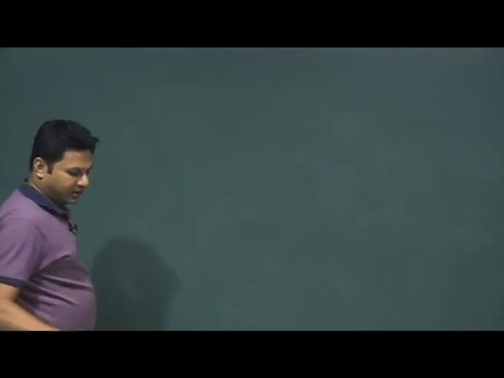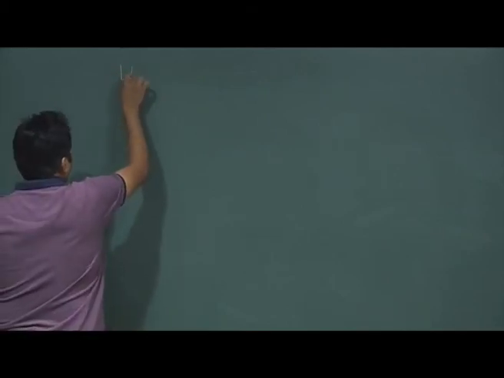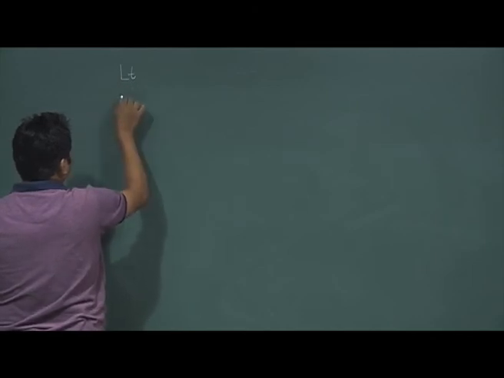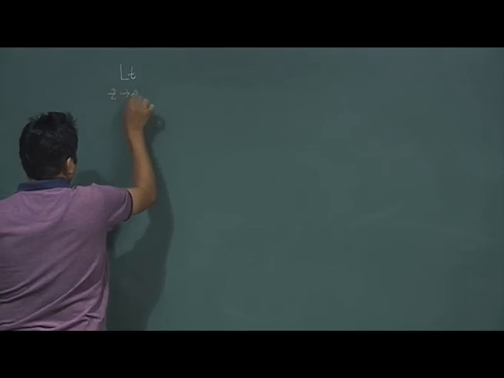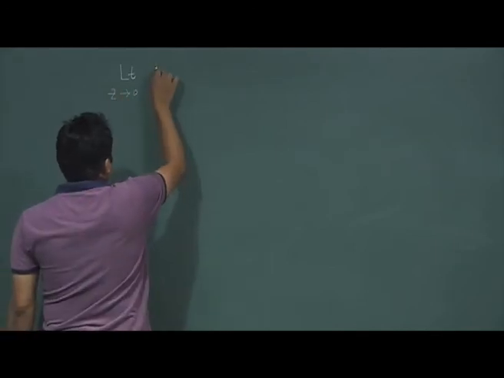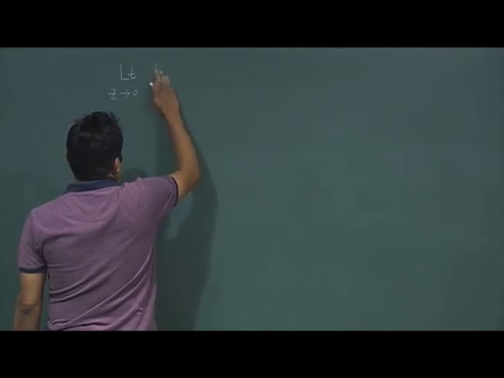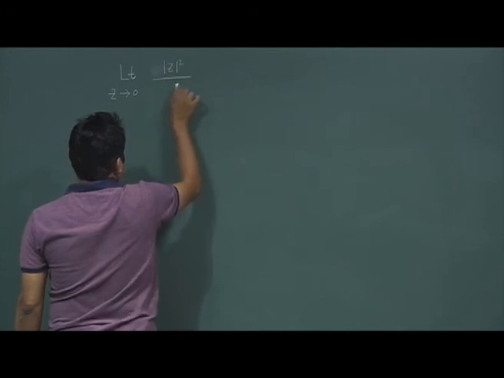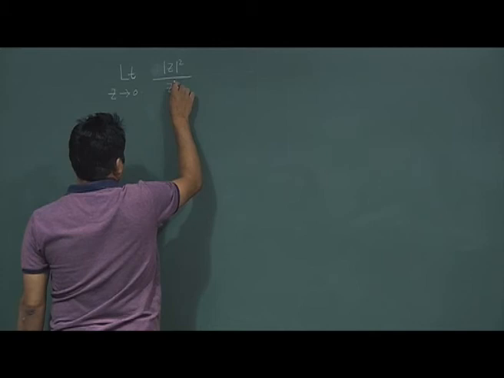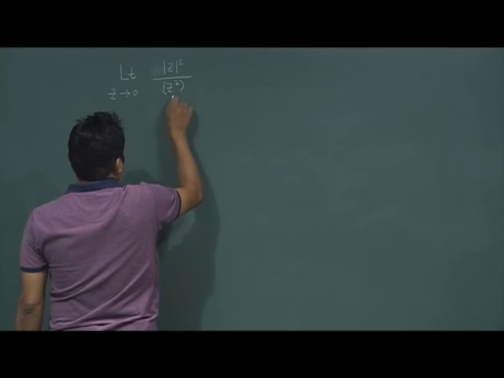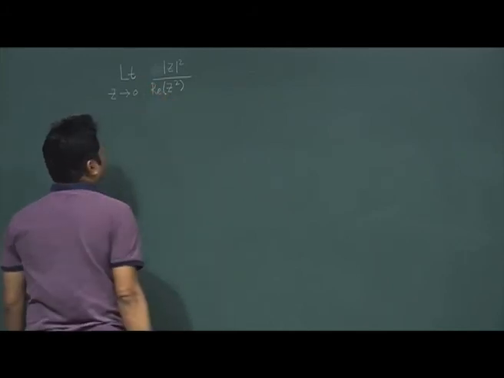So let us try to find out the limit as z tends to 0 of |z|^2 divided by the real part of z^2, something like this.